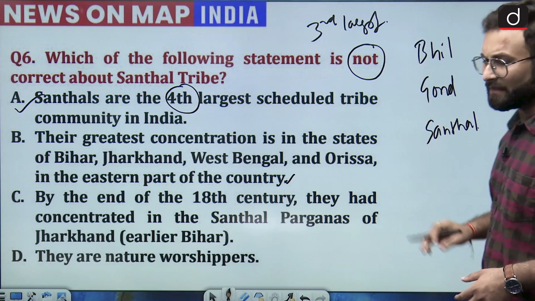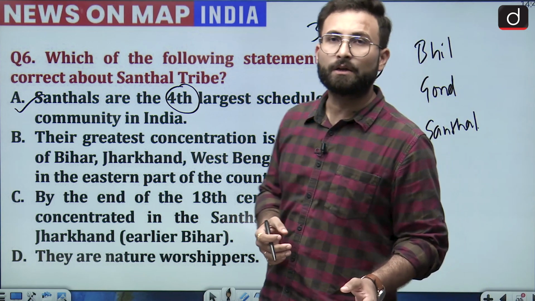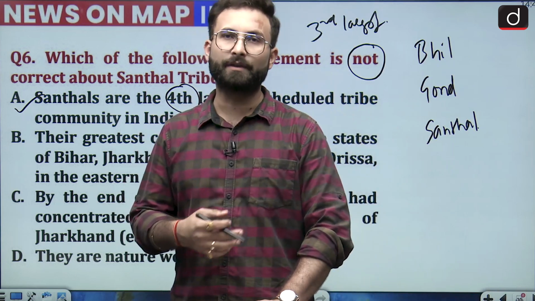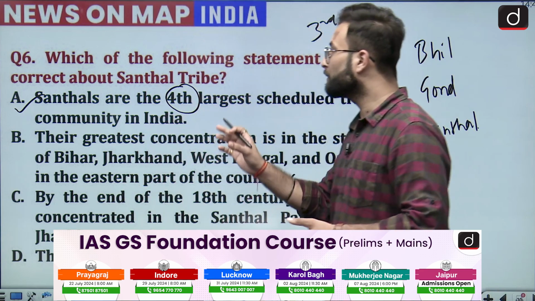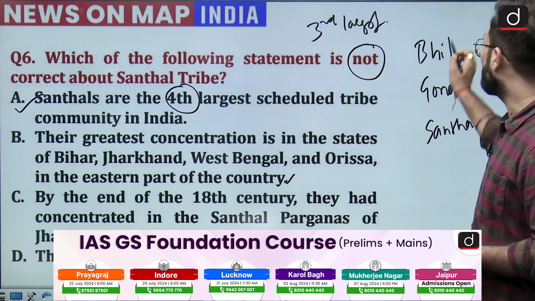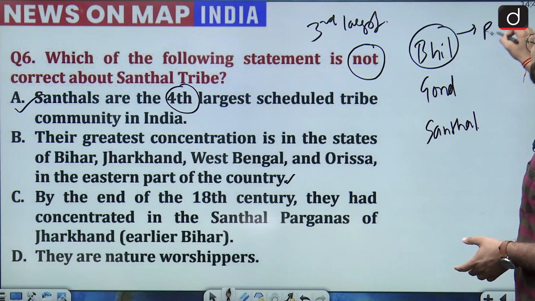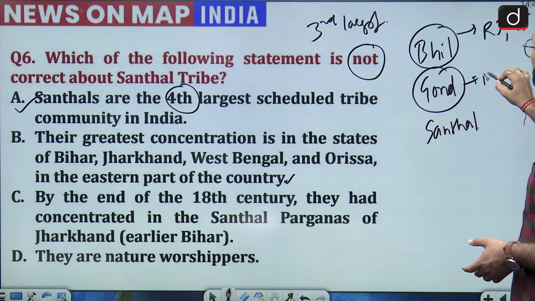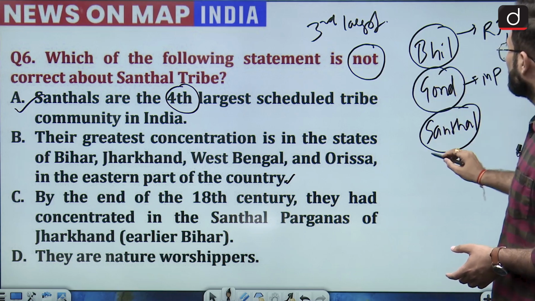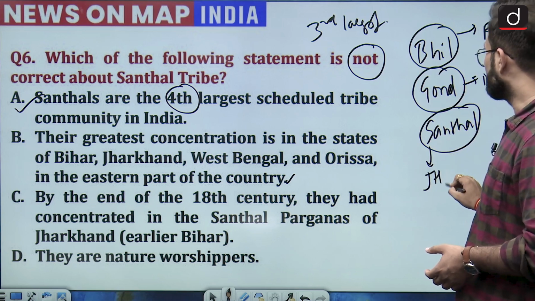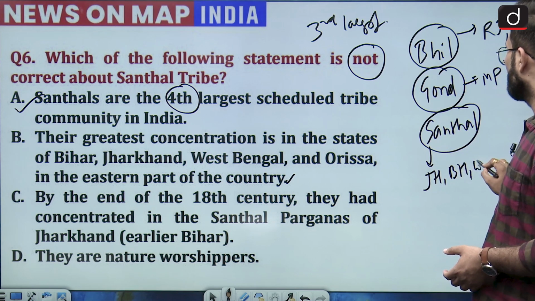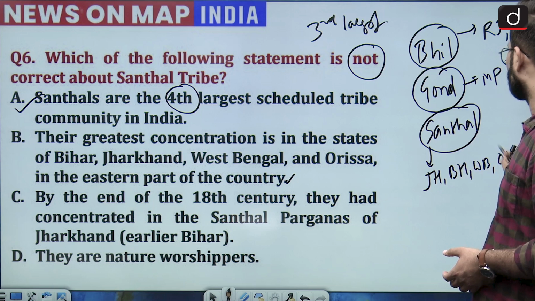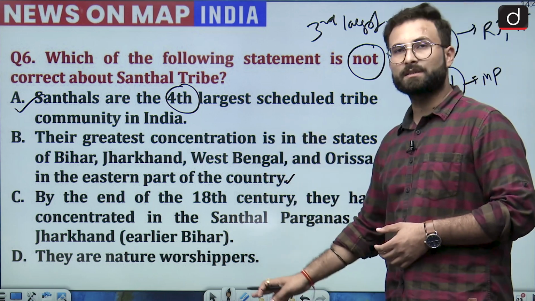In India there are various tribes, we have PVTGs etc., but among these tribes the maximum are Bhil, mostly found in Rajasthan and Gujarat. Gonds are mostly found in MP. Santhals are found in Jharkhand, Bihar, West Bengal, Odisha etc. So all the other three statements are correct.